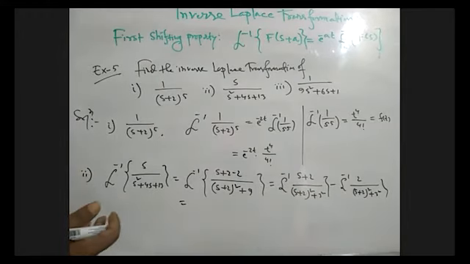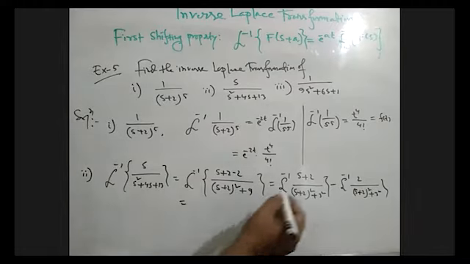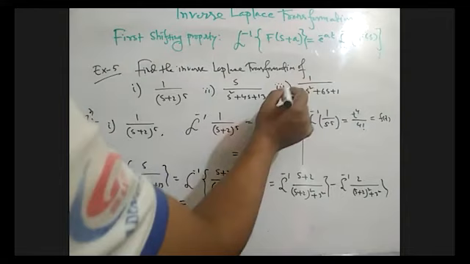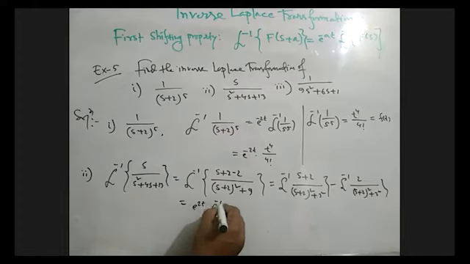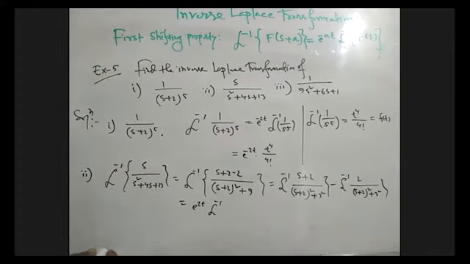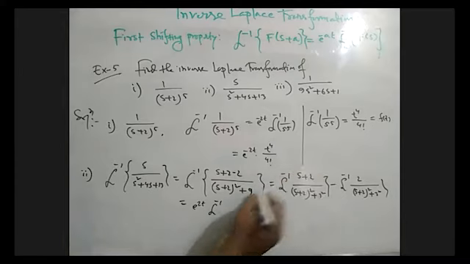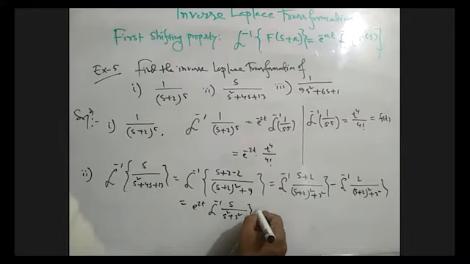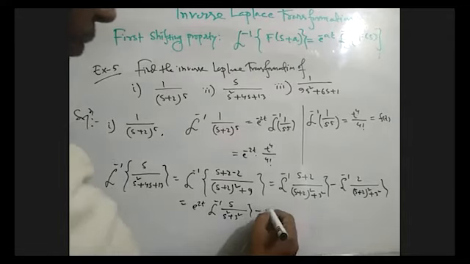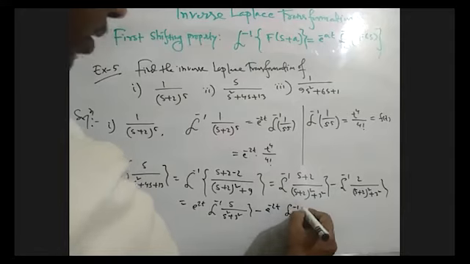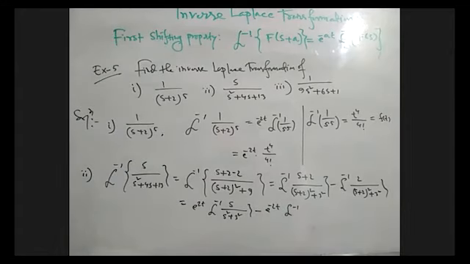Then the shifting property: e to the power minus twice t times the inverse Laplace transformation of s divided by s square plus 3 square, minus e to the power minus twice t times the inverse Laplace transformation of 1 over s square plus 3 square.